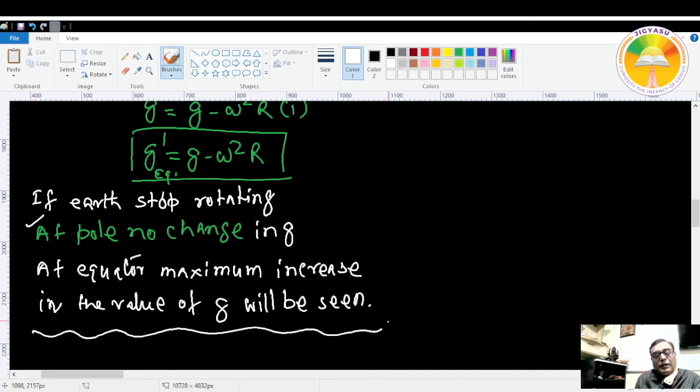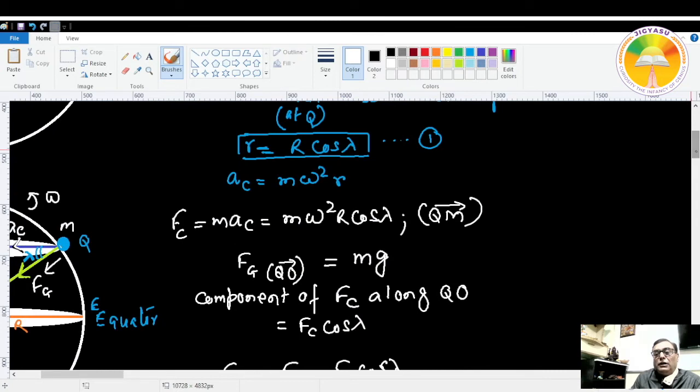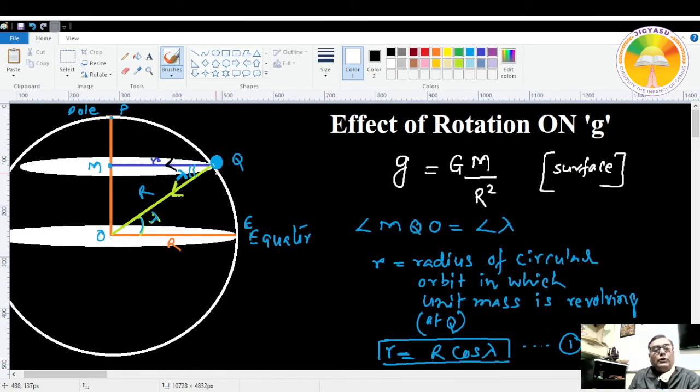So, things to remember, before we conclude our session, let me give you a quick review. You are familiar with the force of gravity. Gravity is the name given to the force of attraction between the Earth and any body. For any other planet, we do not use the term gravity.